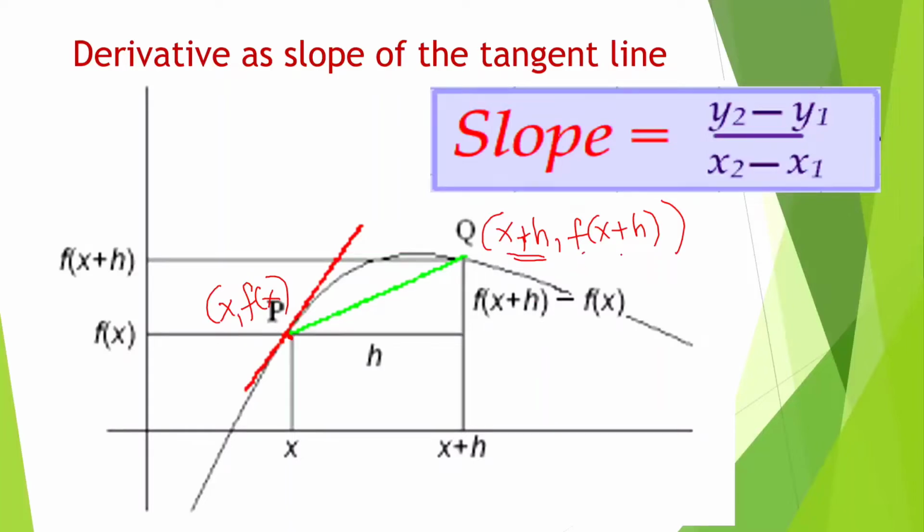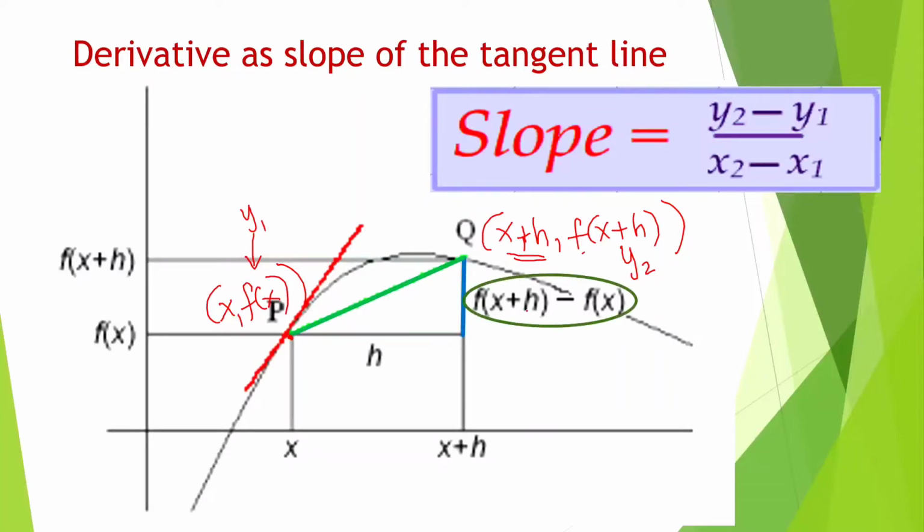So if we get the y2 minus y1, this serves as the y2 and this serves as the y1. So y2 minus y1 will be represented by this difference.